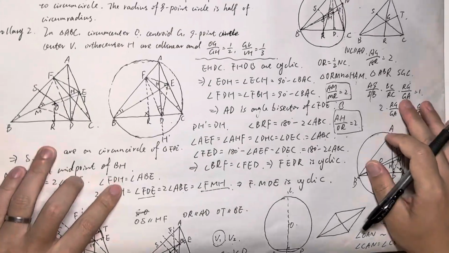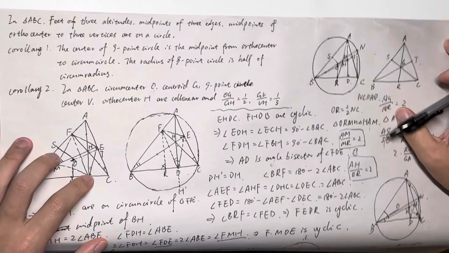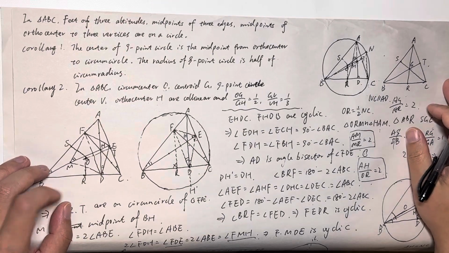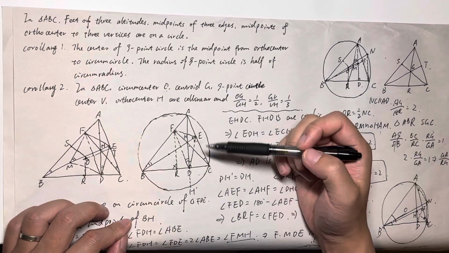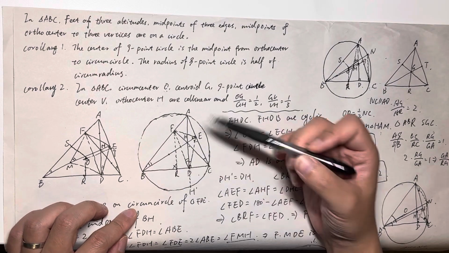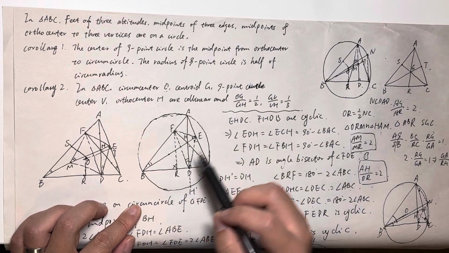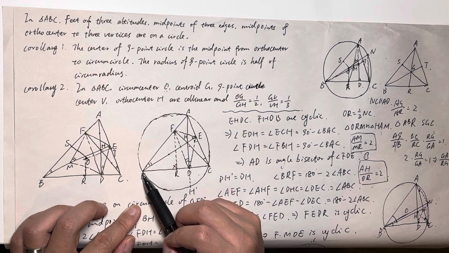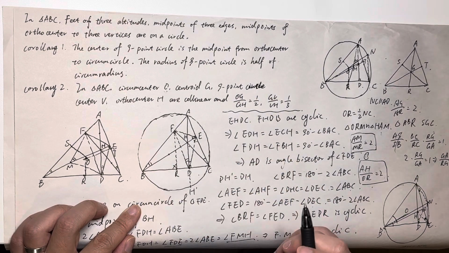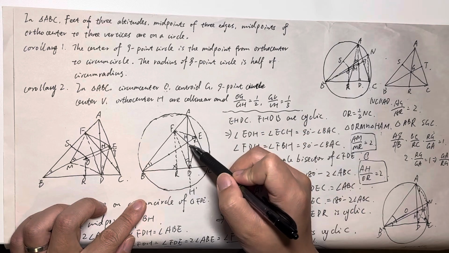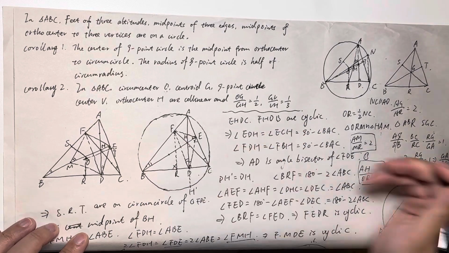Let's do a short review. For the 9-point circle, we just proved that the feet of the 3 altitudes, the midpoint on each edge, and also the midpoints from the orthocenter to the vertices, these 9 points are on the same circle, and the center is the midpoint from the centroid to the circumcenter, right?